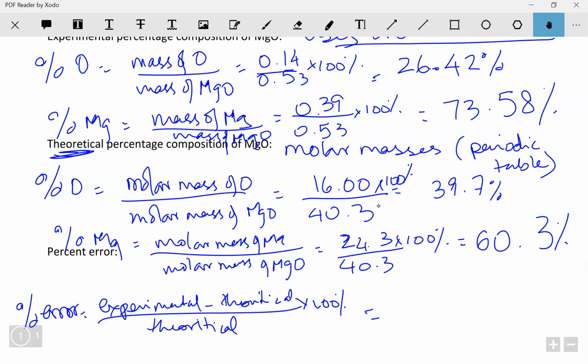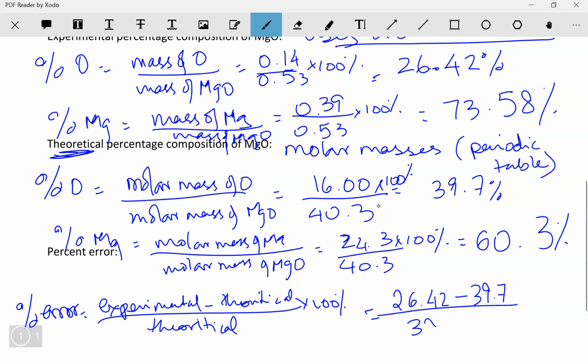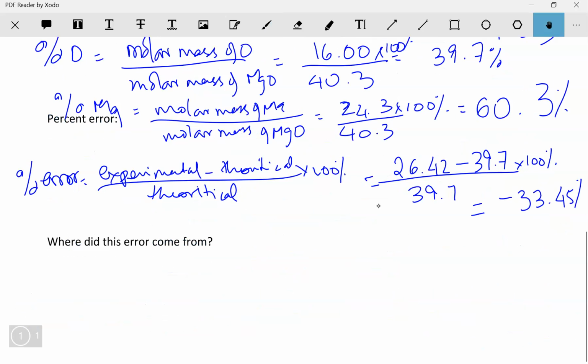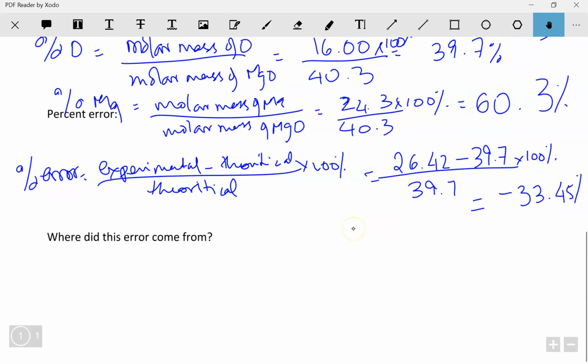So experimental was 26.42. Our theoretical was 39.7. Divide that by 39.7, times that by 100%. And we have a percent error of negative 33.45%.